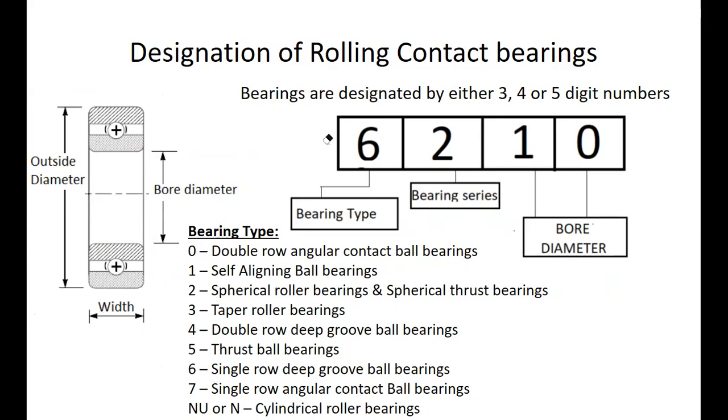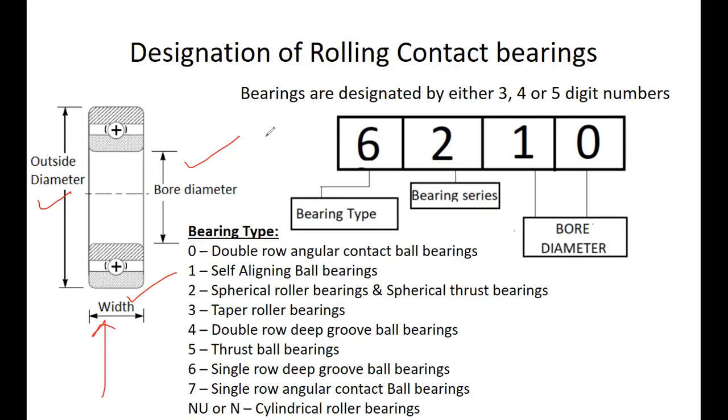Once we start with the numericals, then in the design data book, clearly on the top, on the basis of this diagram, bore diameter will be there, outside diameter will be there, and width will be there. So let us start.